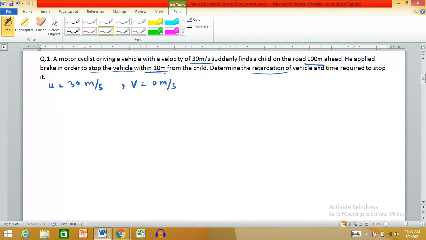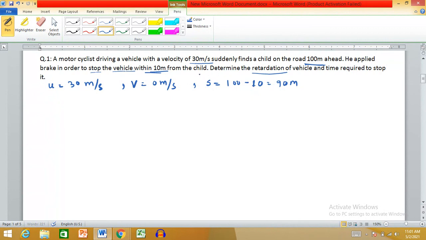before 10 meter. That means when you apply brake, how much distance will you cover? S is equal to 100 minus 10. That means 90 meter, which means when you apply brake, you will stop within 90 meters.